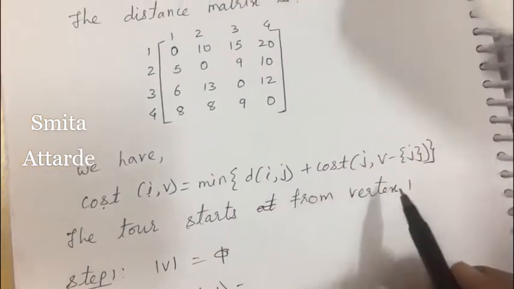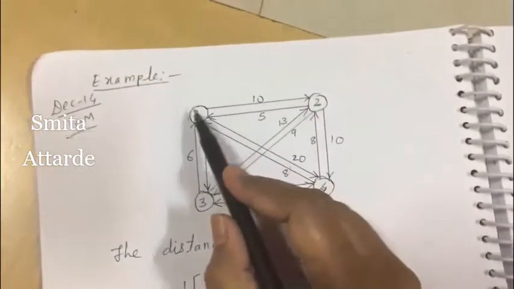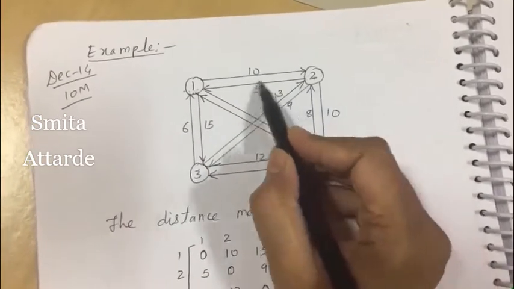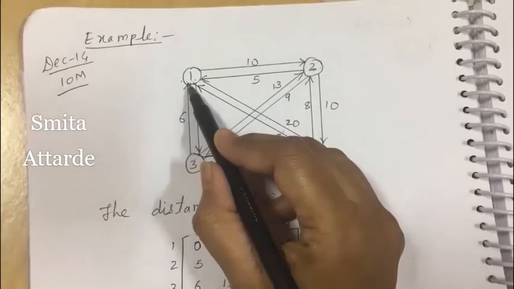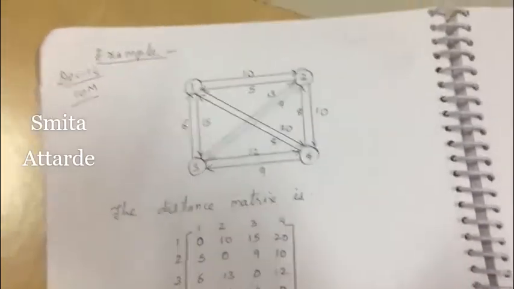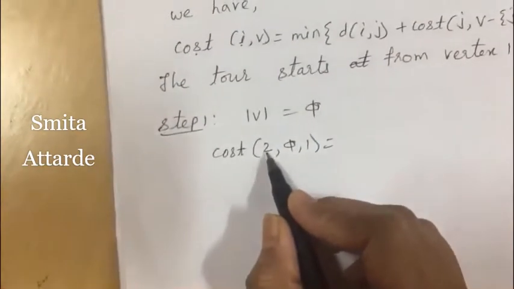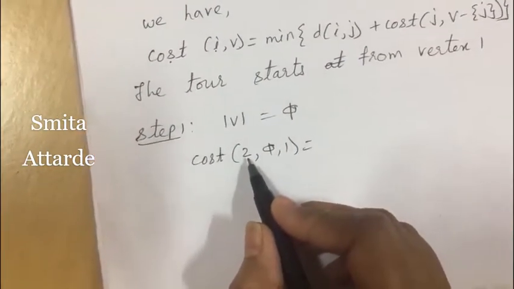So we are assuming that the start vertex is 1. Once the tour starts from 1, if the salesman goes to 2, he has to come back from 2 to 1. So we are going to consider the path from 2 to 1. So our tour starts from 2, will not start from 1, that will be our last step.